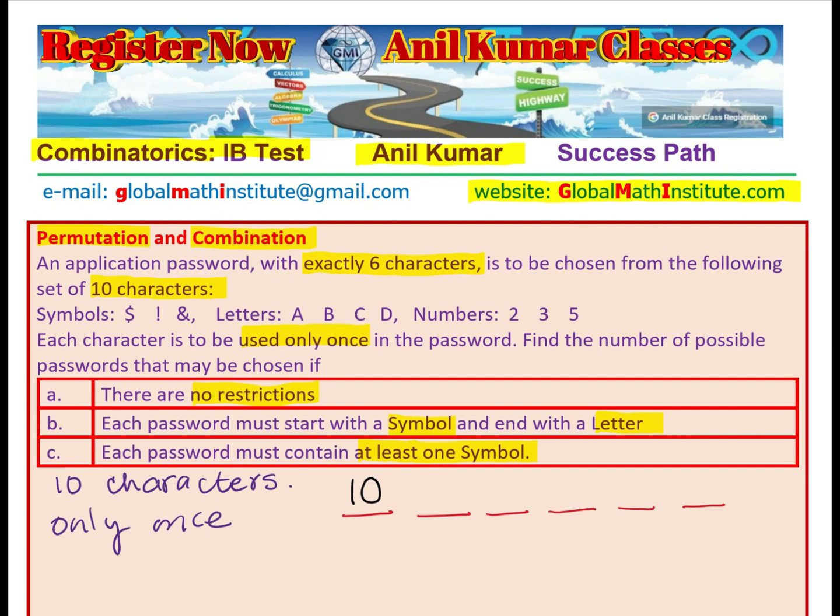But once we make a selection, we are left with 9 out of these. So there are 9 options. If you take 9, 8 are left. Similarly, 7, 6, and 5, right? So your answer is that the choices are 10 times 9 times 8 times 7 times 6 times 5.